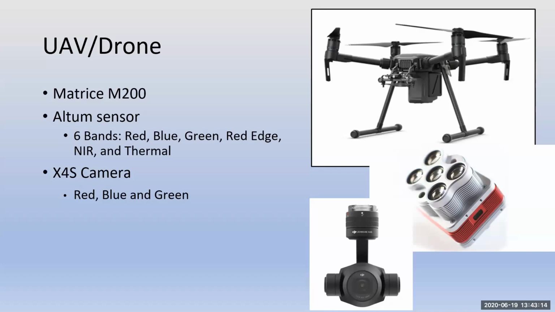We also have a multispectral camera. That's that red camera with a bunch of different lenses on it. It has 6 bands, and it separates all the color. So typically when you look at an image, you see 356 colors. This separates them out into individual black and white colors of red, green, red edge, near infrared, and there is also a thermal sensor on it also.